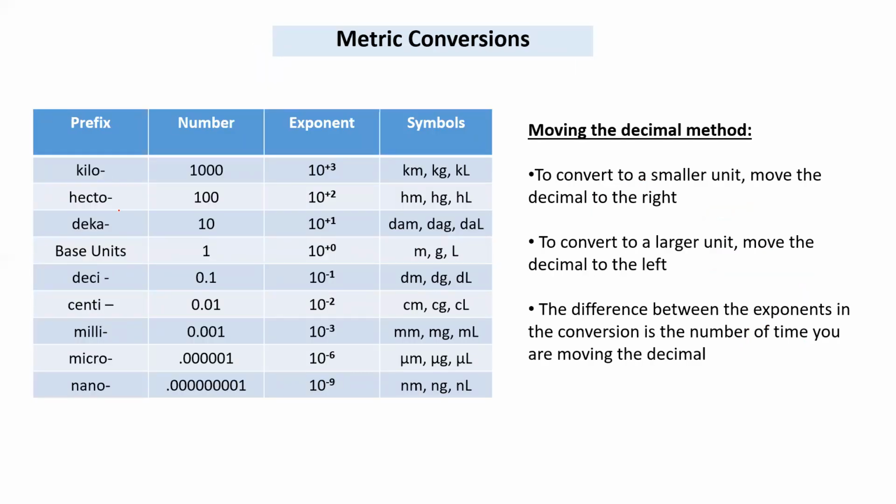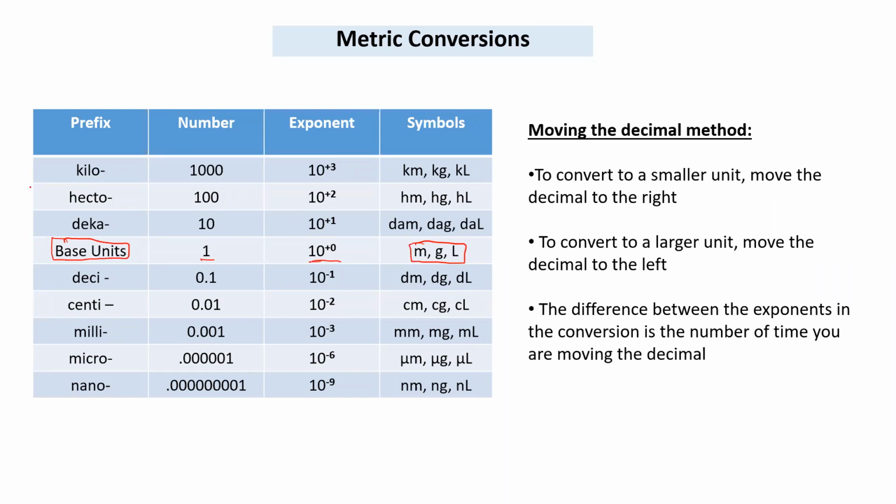So here are the base units, right? You start with the base units, and that would be either meter, gram, or liter. And that's 10 to the 0, not negative 0, just 0. And that would be 1 meter, 1 gram, 1 liter.